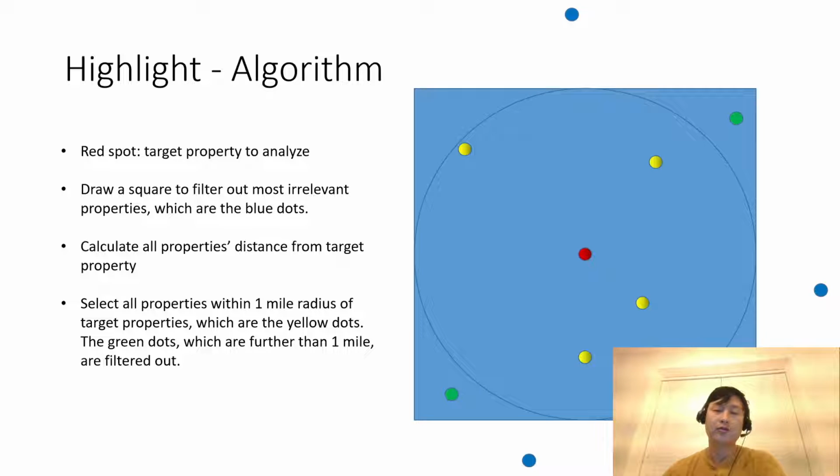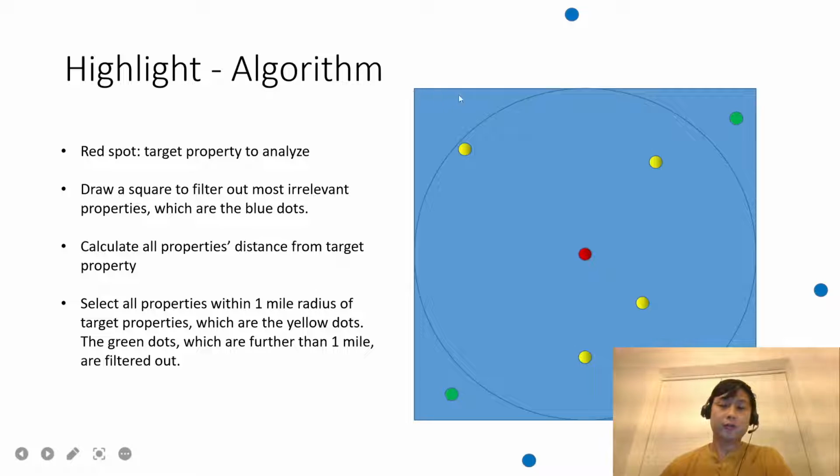And the reason I want to draw a square first is because the formula for drawing square is a lot easier than the formula for drawing a circle. In order to draw a square, I only need to define the upper and lower range of longitude and latitude. However, to draw a circle, it's more complicated because Earth is a sphere.